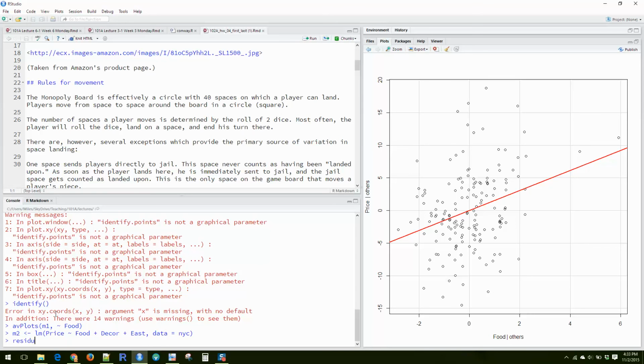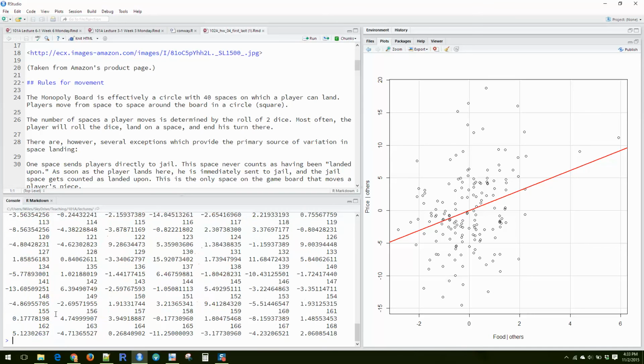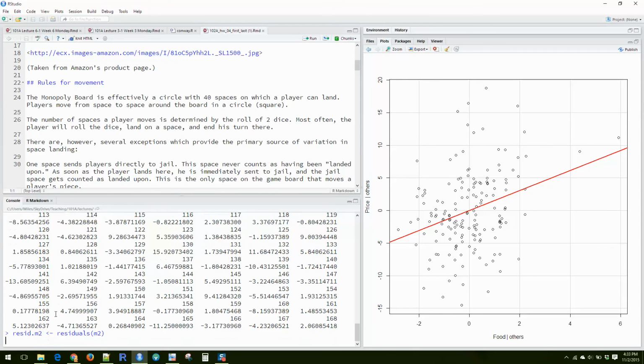Okay, and then we can call residuals of M2. We'll call this resid.m2. And then, for lack of a better name, we're going to call M3, and we're going to predict service based on food, decor, and east.